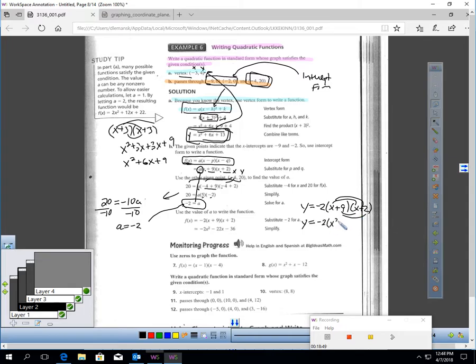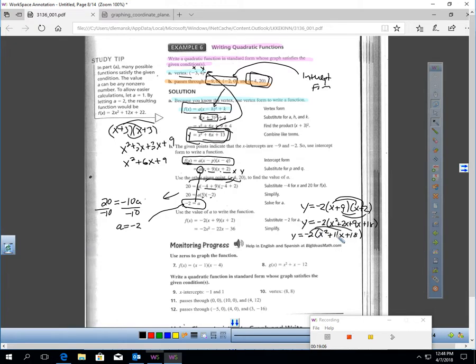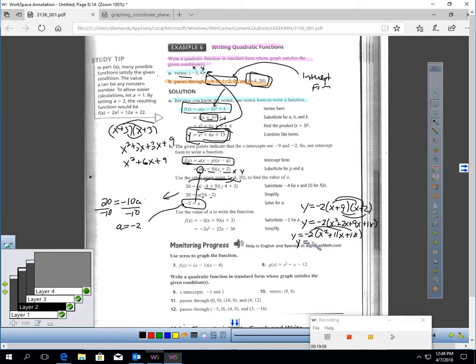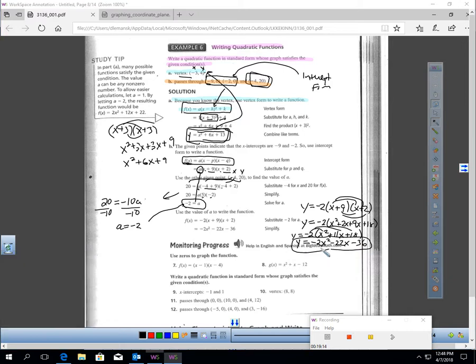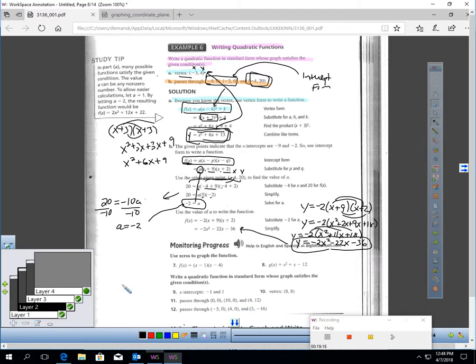I have x squared plus 2x plus 9x plus 18, so that would be y equals negative 2 times x squared plus 11x plus 18, and if I distribute the negative 2 through, I get negative 2x squared minus 22x minus 36, and you see that's matching what they have here.